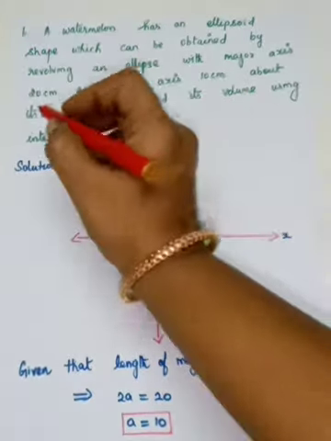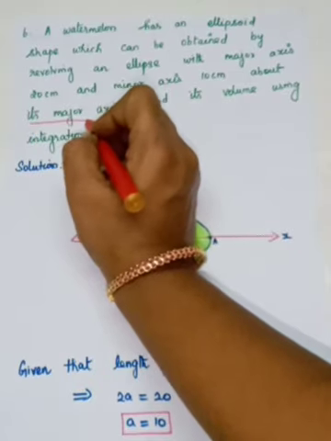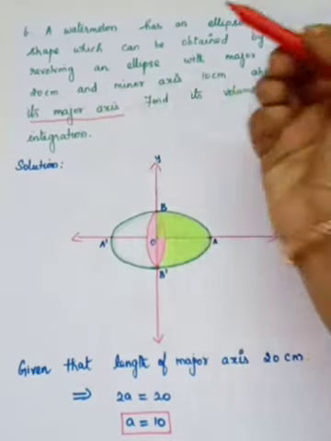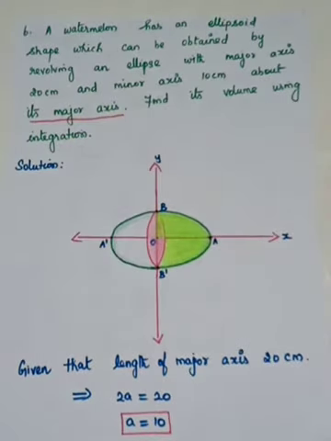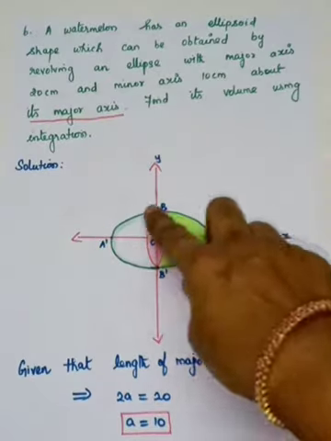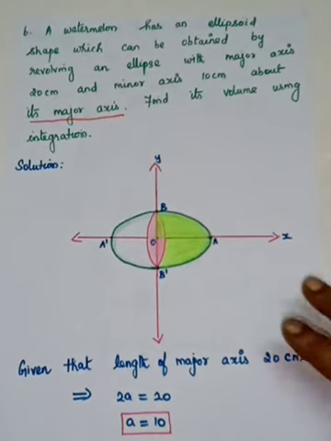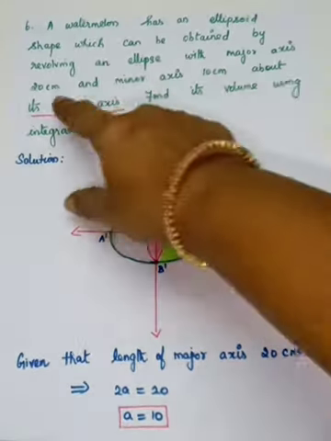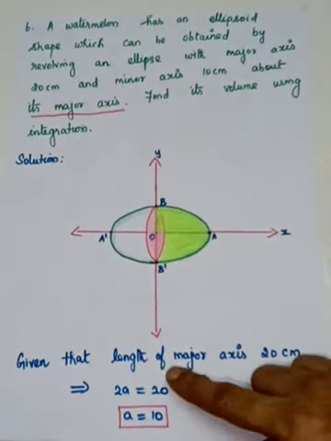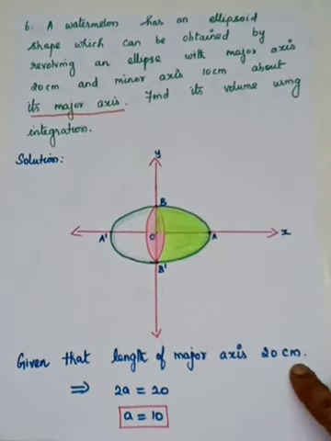You see that it is revolved about its major axis. Find its volume using integration. You see the watermelon is in the elliptical shape. So what is given? The major axis is 20 centimeters, so the length of the major axis is 20 centimeters.